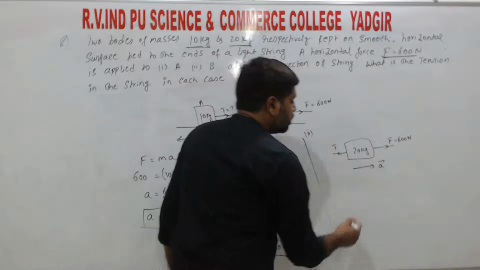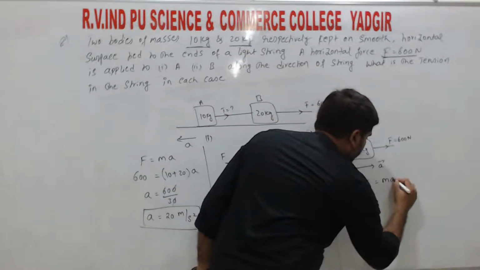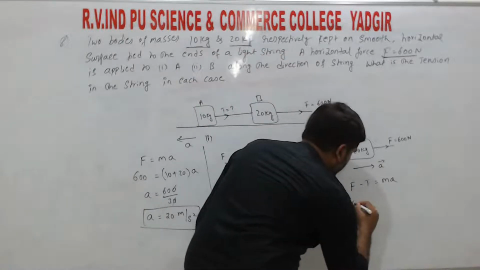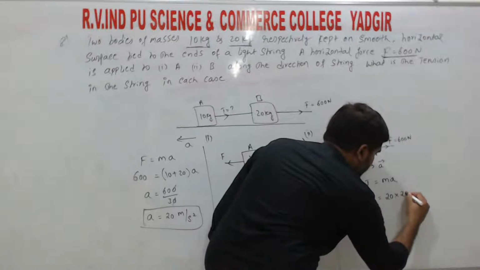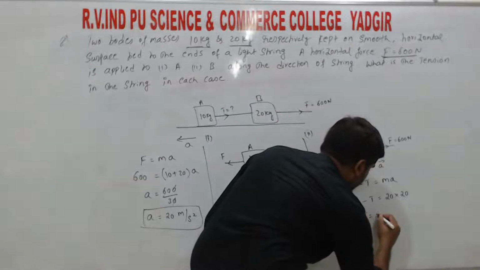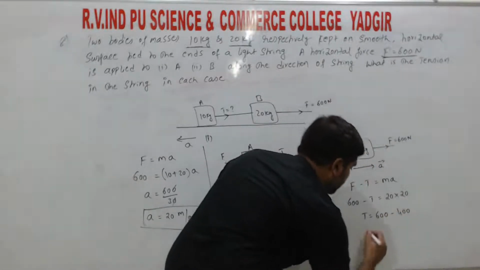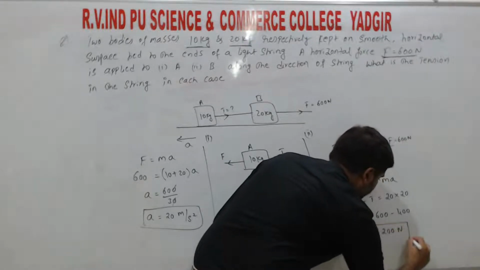So writing the balanced equation, F minus T is equal to m into a, right? So F is 600 minus T, mass is 20, acceleration is again 20, right? So T is equal to 600 minus 20 into 20, which is 400. So we get T is equal to 200 Newton.